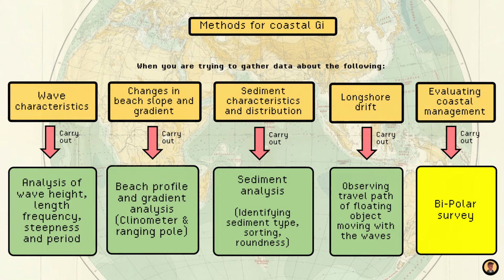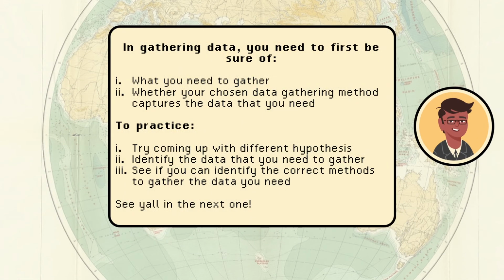Okay, so some closing remarks. In gathering data, you need to first be sure of what you need to gather. For that, you need to be sure of your hypothesis first. You need to know what variables you're trying to study. Secondly, whether your chosen data gathering method captures the data that you need.